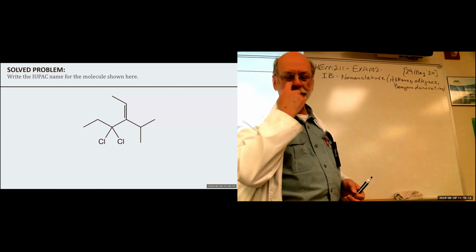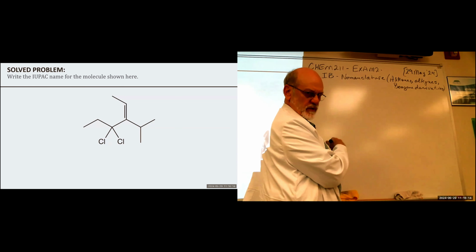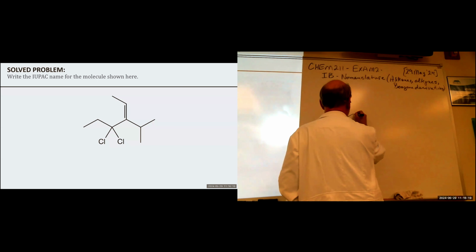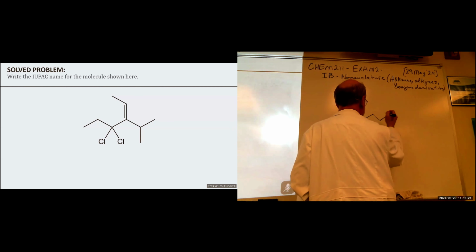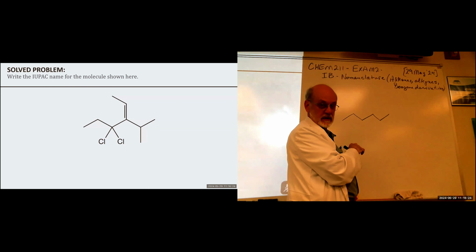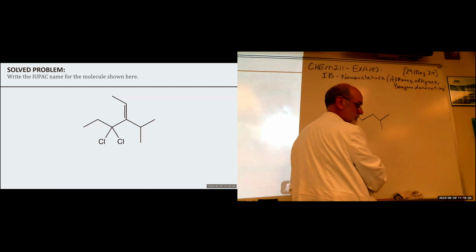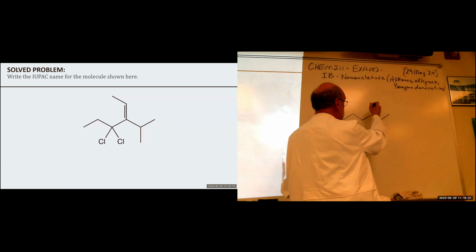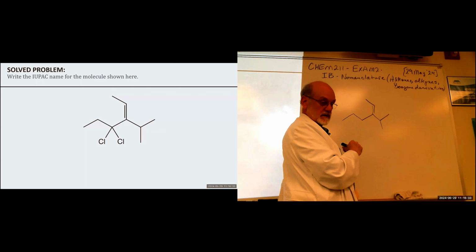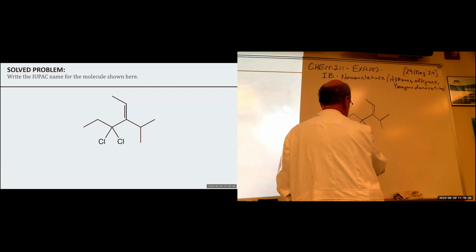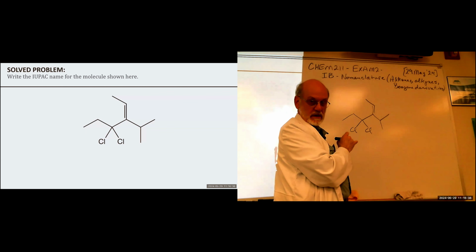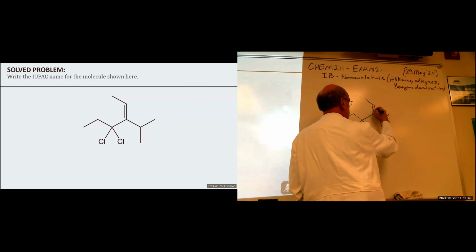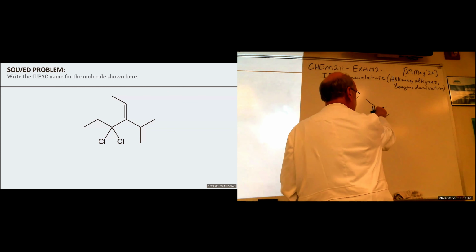All right, let's look at this one. Let me draw it up on the board. 1, 2, 3, 4, 5, 6. Then we have a branch off of here, a branch over here, a double bond there, and then we have 2 chlorines here. And that's it. Okay. What's the parent chain here? It's got to include that double bond.